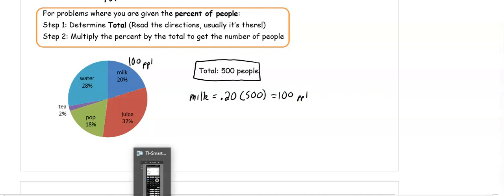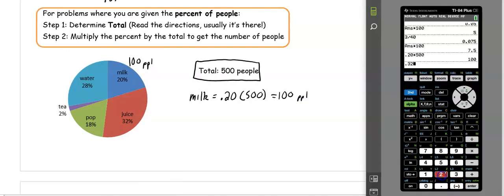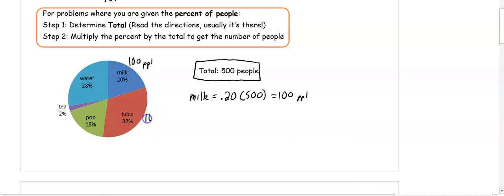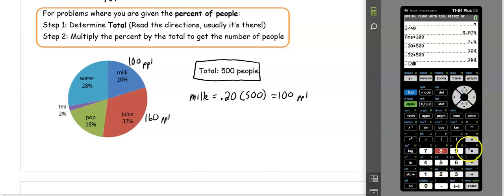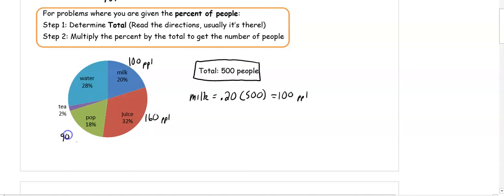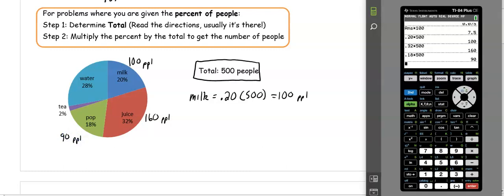If we keep going around our graph, juice, we have 0.32 times 500 is going to be 160 people. Hot chocolate, we have 0.18 times 500. That's going to get us 90 people. Tea, we have 2%.